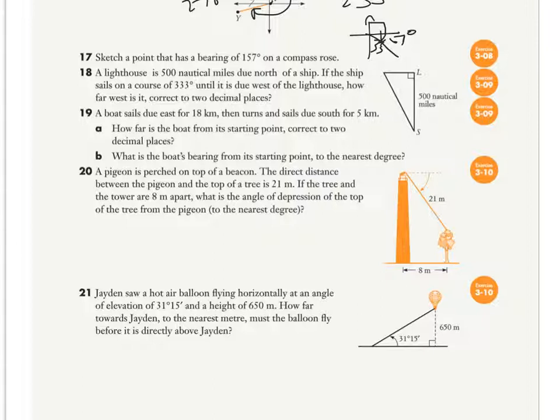18. Alright, lighthouse is 500 nautical miles due north, so straight up. If the ship sails on a course of 333 degrees, which is all the way around there, how far west is it from the lighthouse? So x. So 333 from 360 or all the way around is 27 degrees.